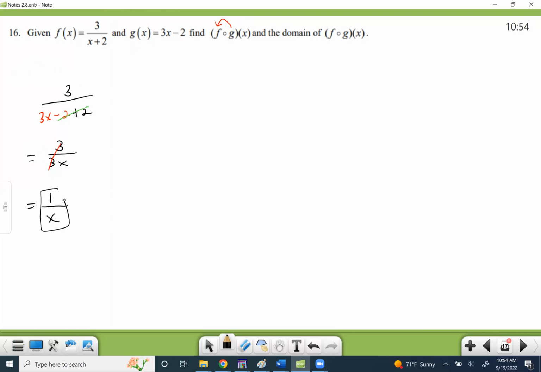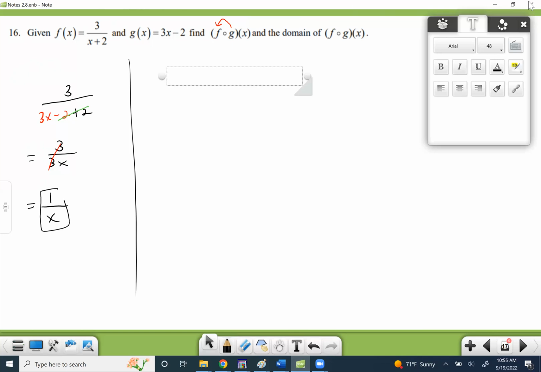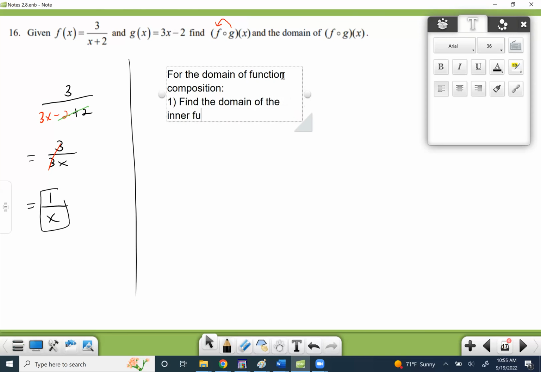Okay, now for the domain for function composition, you have to check 2 things, okay? So let's just write this down and make this explicit. For the domain of function composition, number 1, find the domain of the inner function, or the function on the right.